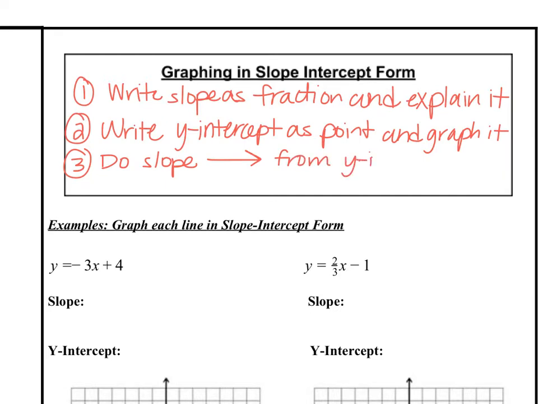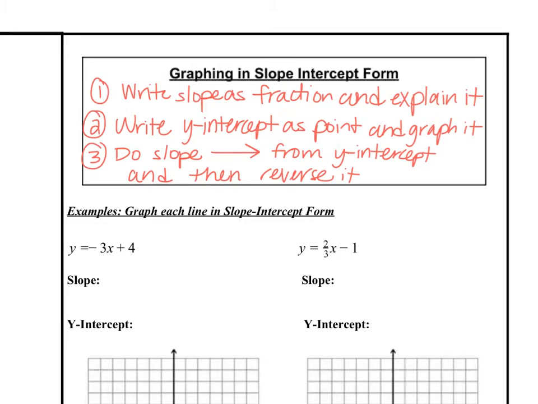That's where you'll start. And then reverse. Get started. The slope, we're doing y equals negative 3x plus 4.